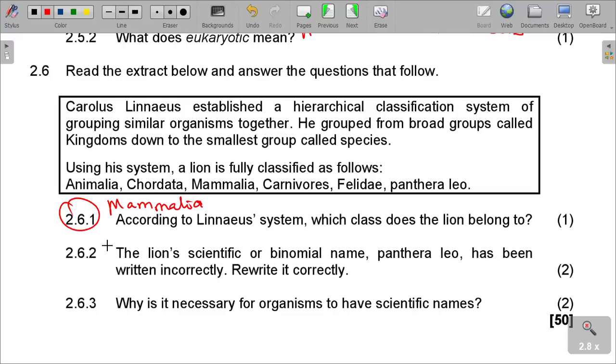It must be written. Actually, this name just needs to be underlined. That's what it needs to be. It must be Panthera leo, and then we just underline.